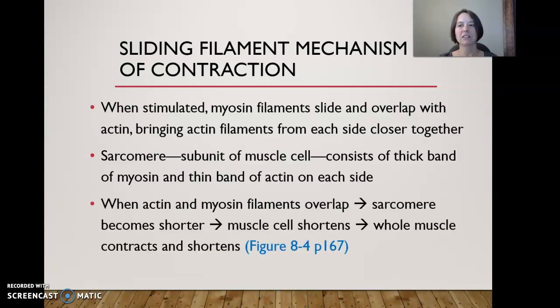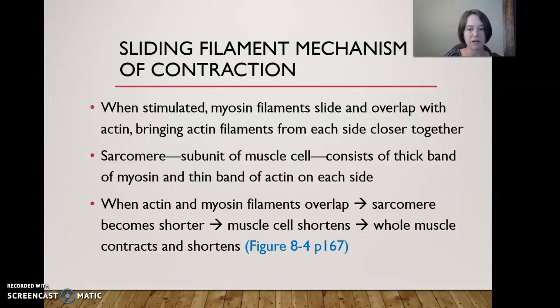So when the actin and myosin filaments overlap, that sarcomere gets shorter. And when all the sarcomeres in a muscle cell get shorter, the whole muscle cell shortens. And when all the muscle cells in a whole muscle shorten, then the whole muscle shortens, and that is a muscle contraction. So just like that, it got shorter.